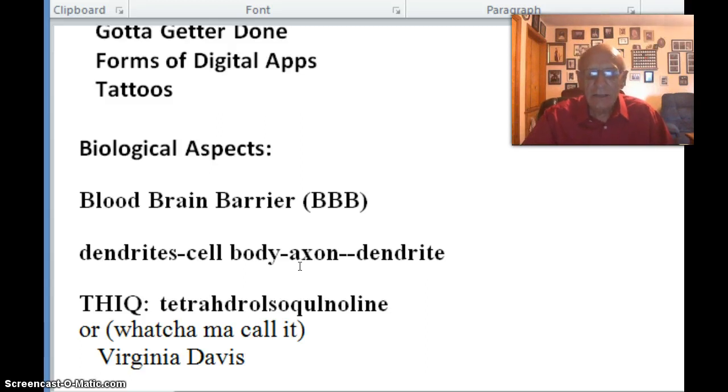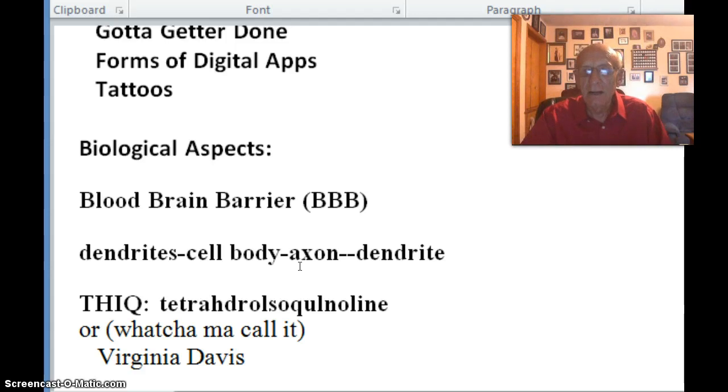Now, THIQ, tetrahydroisoquinoline, is a form that has been in the brain. I would expect this will probably be researched, so we're not going to go into it. But Virginia Davis was picking up warm bodies of alcoholics to study them. They were dead, of course. She was performing autopsies on them, and she found THIQ in the brain of these individuals, which up to this time had only been found in the brain of those individuals who were on heroin.